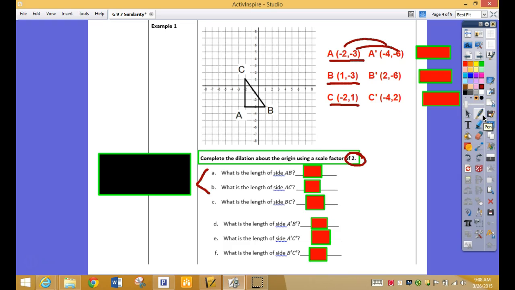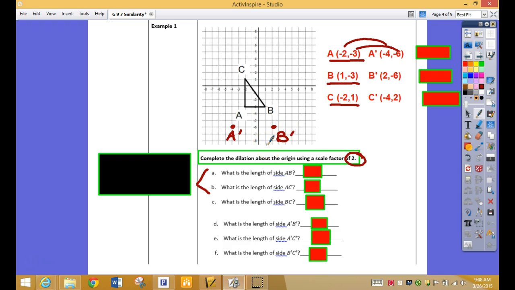Now we need to go and plot our new image on the graph and label it, please. -4, -6, our new A prime. 2, -6, our new B prime.